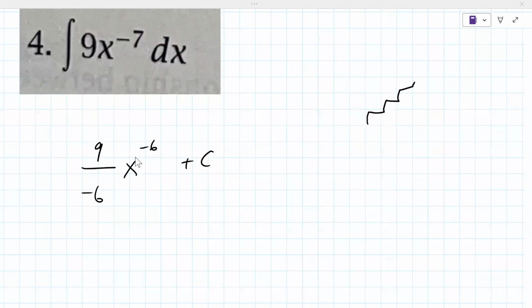Okay. So here's what I'm seeing. Here's a typical problem: integral square root of x dx, where you have to know how to rewrite that as an exponent. Okay, so x to the 1/2. Yes. And then we're going to add 1.